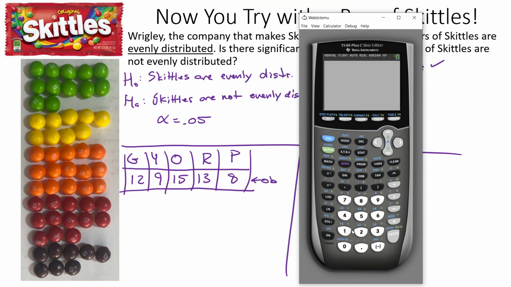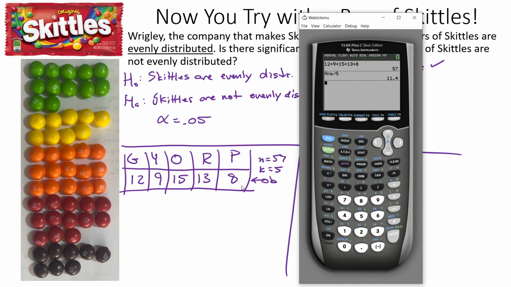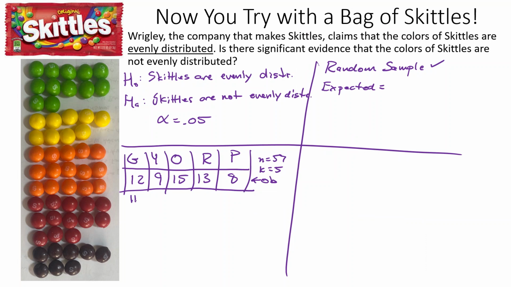So let's see, we've got 12 plus 9 plus 15 plus 13 plus 8. 57, and we're dividing that by 5 colors. So 57 divided by 5 gives us 11.4. So our n here is 57. Our number of categories is 5, and we got 11.4. So each one of them is going to have 11.4 for our expected counts.